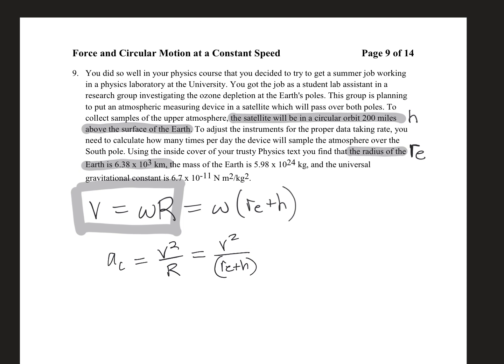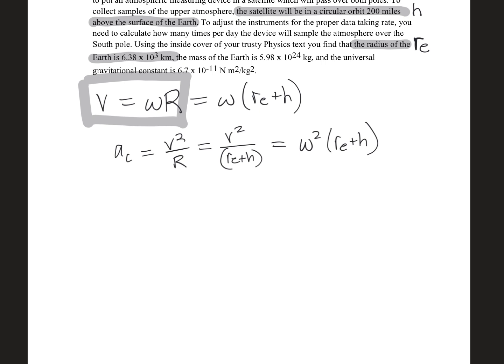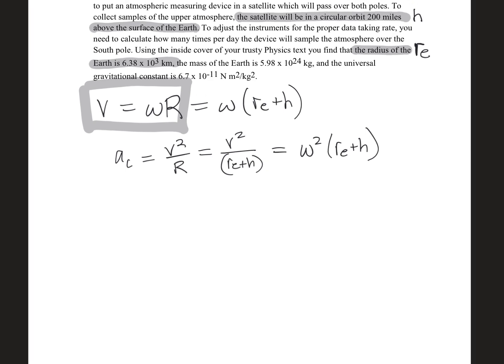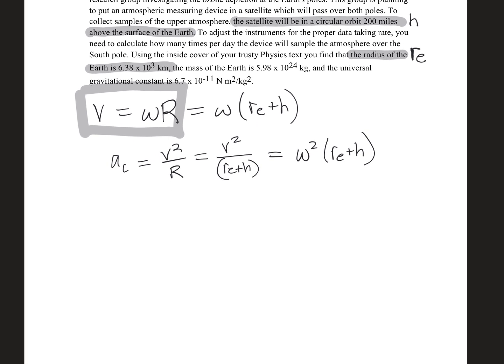And so this works out to be omega squared re plus h, all right? So we have a version of centripetal acceleration, and we're wanting to find out, I think, how many times this passes the spot per day, given that stuff.